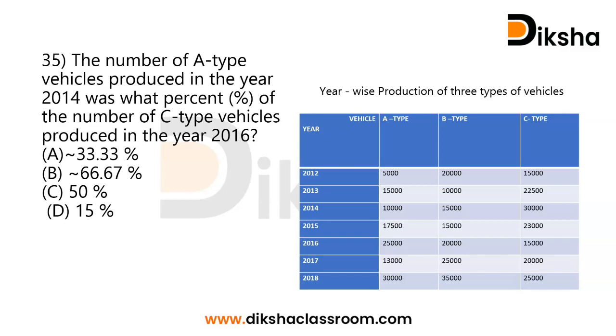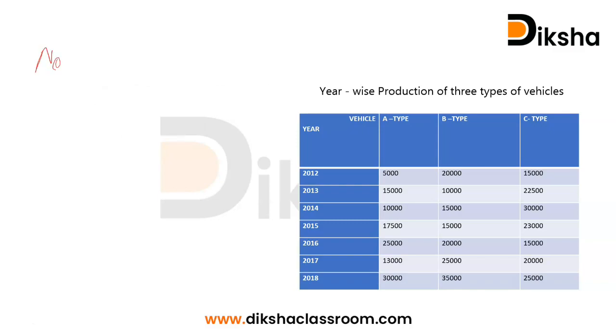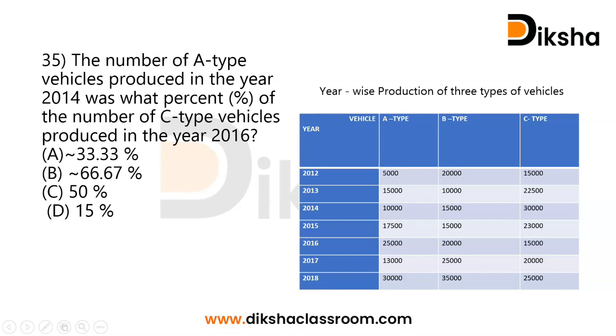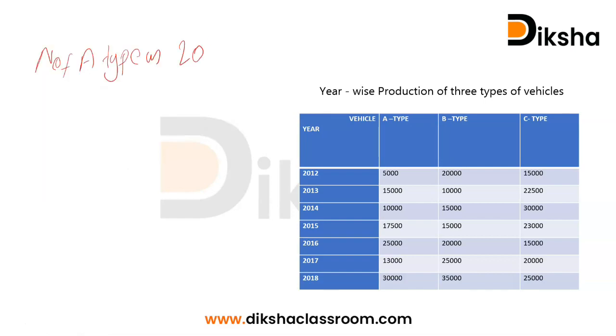Okay, last question for the day. The question is a percentage of the number of A-type in 2014 to the number of C-type in 2016.